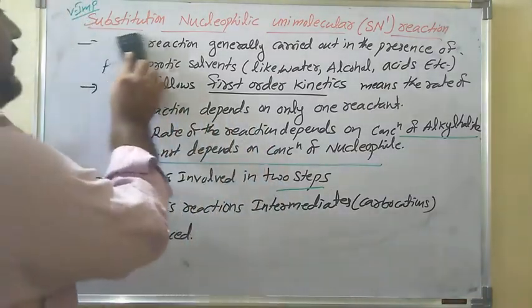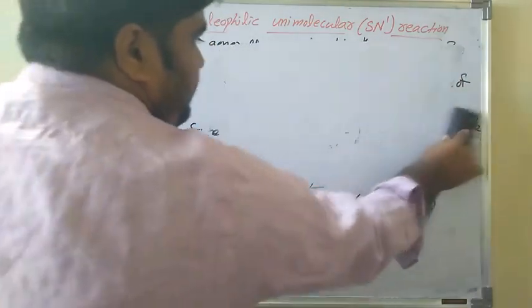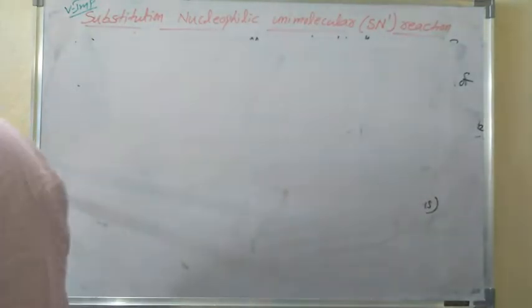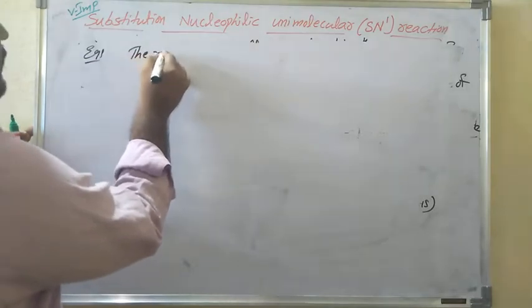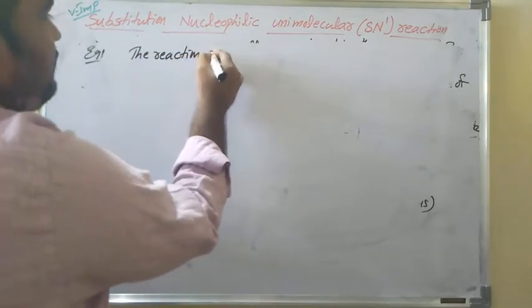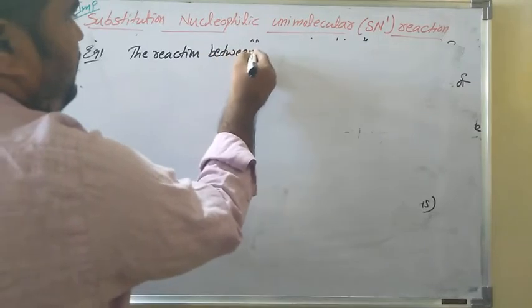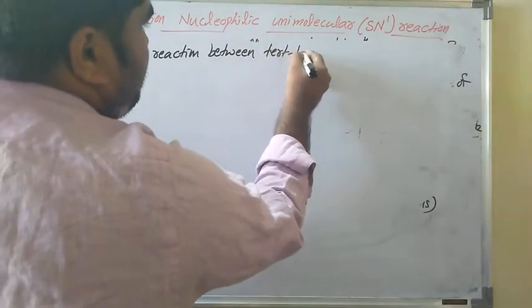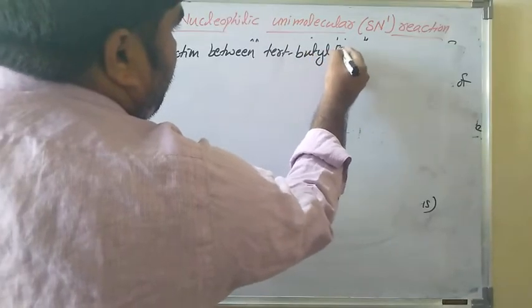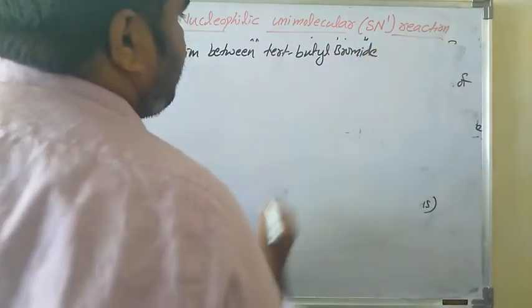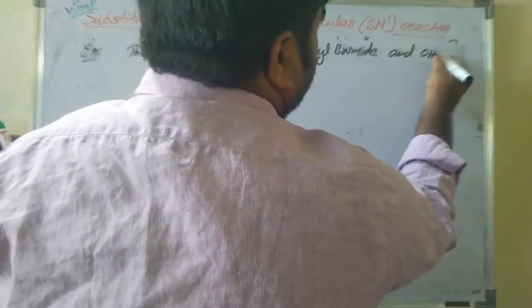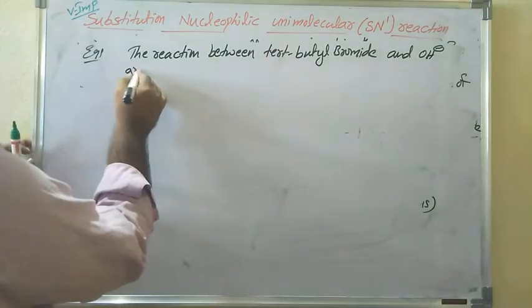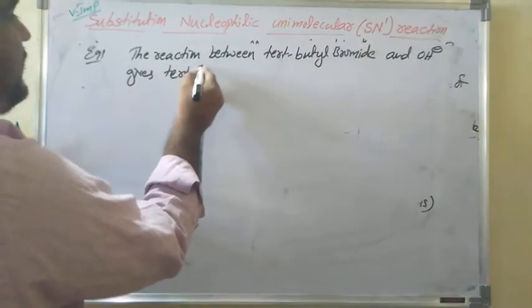See, one equation I will write here, an SN1 reaction example. You can write these points in the examination along with this. See here, the reaction between tertiary butyl bromide and hydroxide ion gives tertiary butyl alcohol.